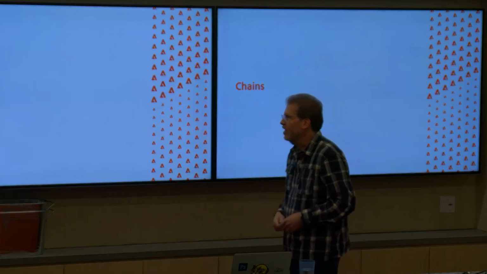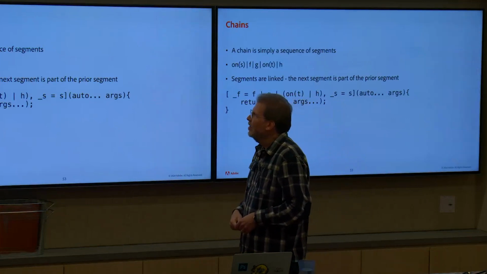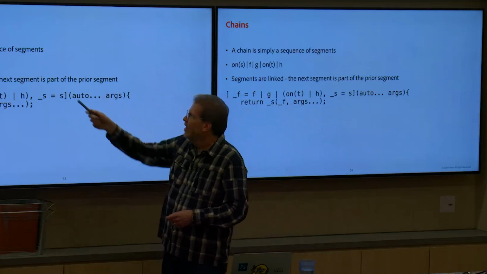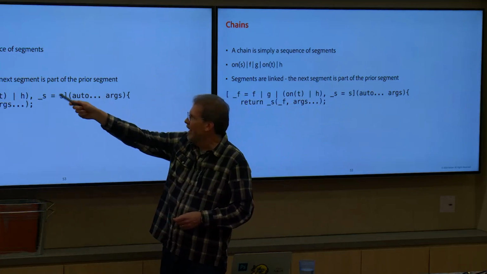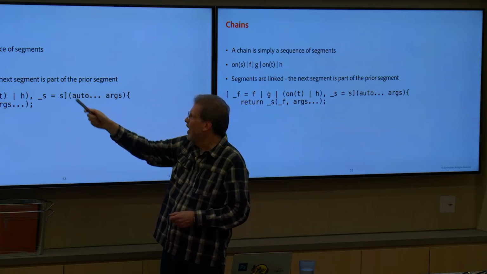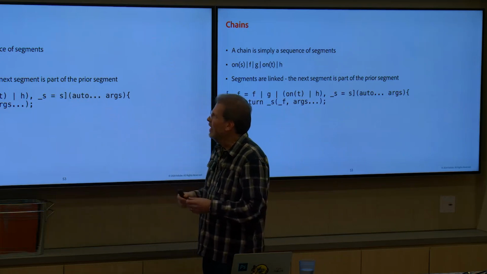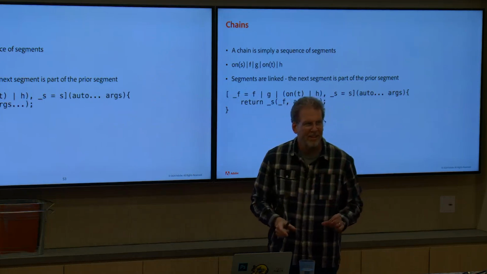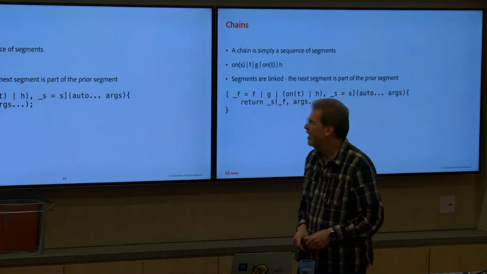And that brings us to chains. A chain is simply a sequence of segments. On F, on S, pipe to F, pipe to G, on T, pipe to H. Segments are linked. The next segment is part of the prior segment. Those things are logically tied together.